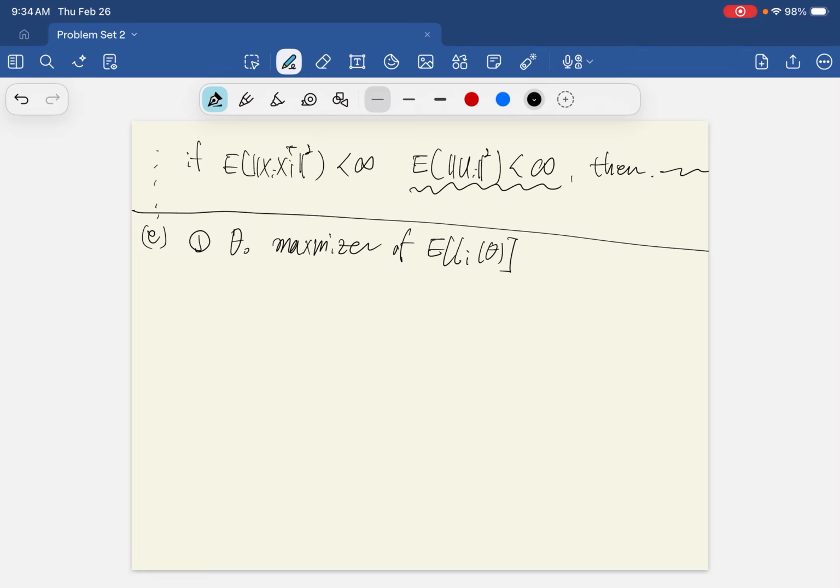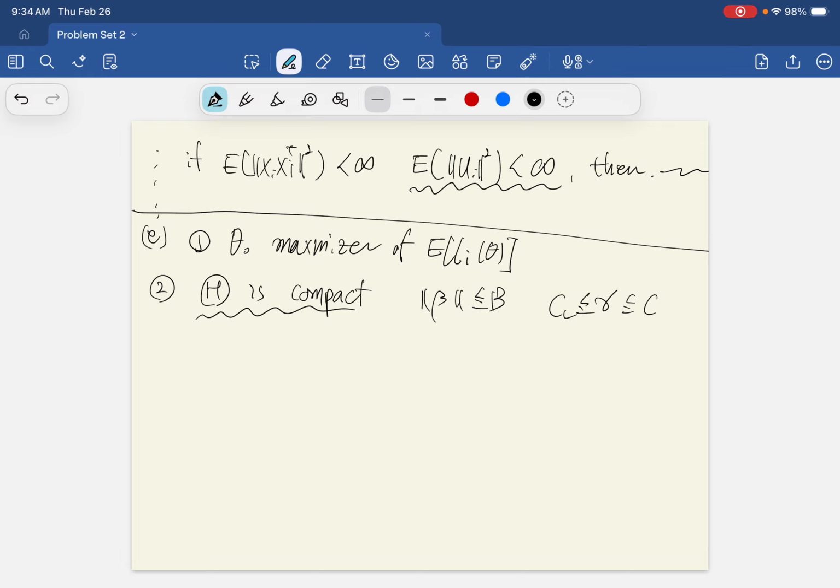By the general theory of maximum likelihood, this is always true. And second, the parameter space is compact, right? We assumed several bounds, so automatically we assumed beta is bounded and also gamma is bounded.